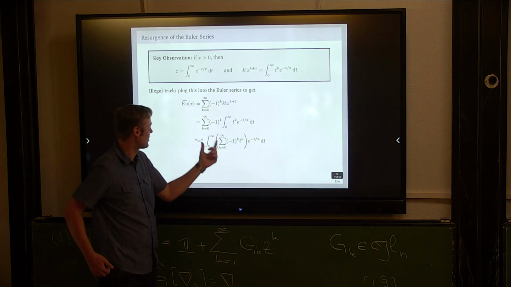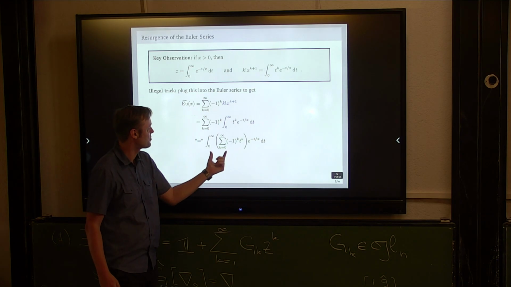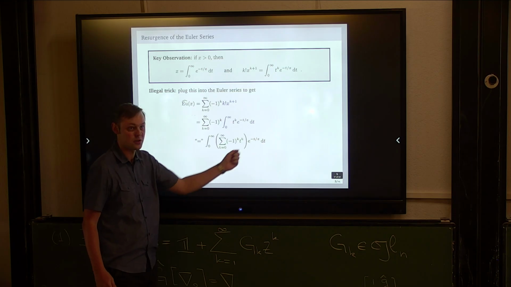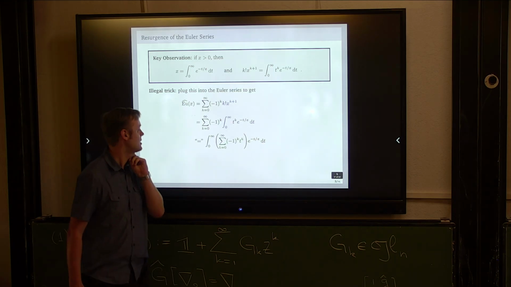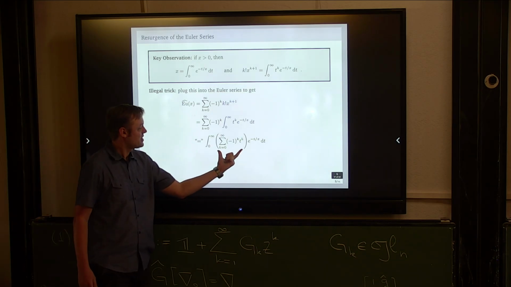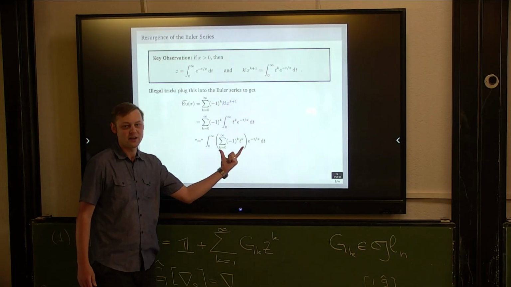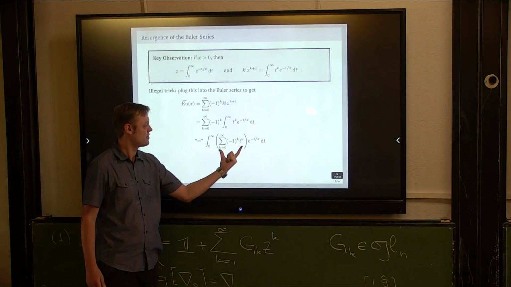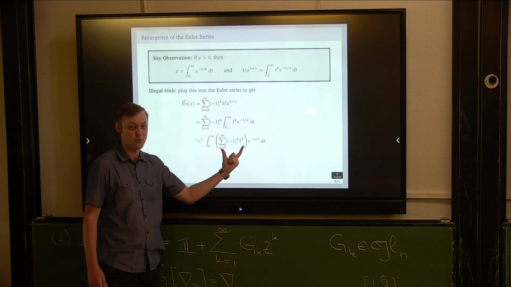So I've interchanged summation and integration, and I've also rearranged the terms a little bit. I've combined t to the k with this alternating sign and put it into a sum and made it green to make it extra attractive. And the reason I did that is because hopefully you can recognize what this sum is. We've already encountered it today. In fact, this is the geometric series, right?